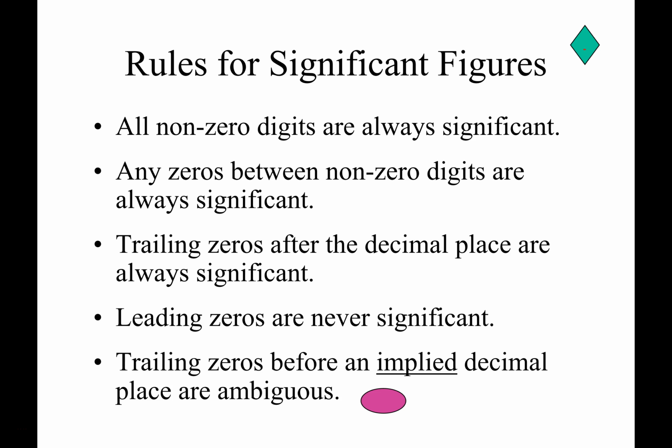Okay. If that's the case, what we do is we assume that actually they only know it out to the nearest hundreds. Okay, they didn't put a decimal there. So 3 sig figs. Let's say that they do put a decimal there.